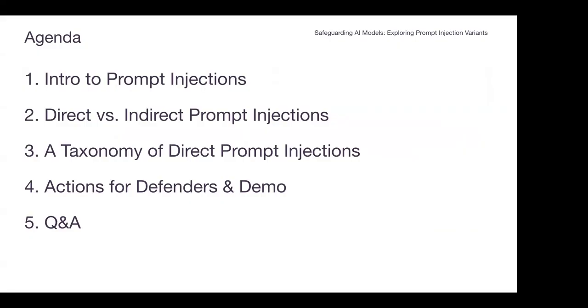We'll then introduce a taxonomy of direct prompt injections, as well as outline actions for defenders and a demo of our product, Arthur Shield, which offers a firewall against these prompt injections. And finally, we'll wrap up with a Q&A. And again, feel free to leave your questions or comments in the Q&A feature in Zoom. All right, let's jump in.